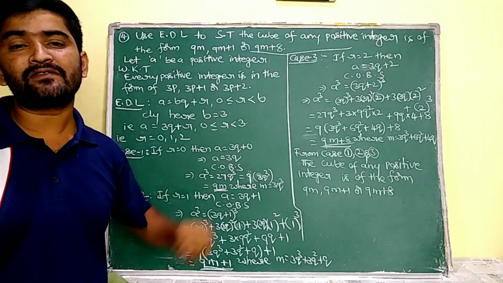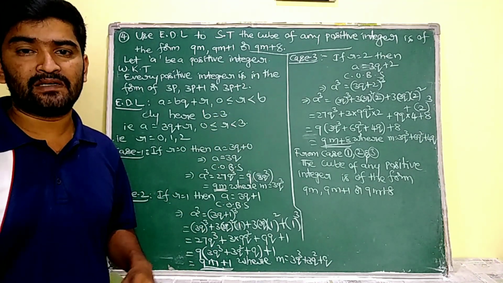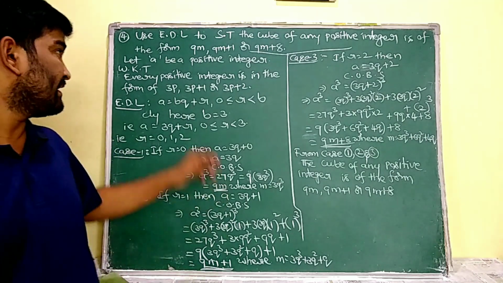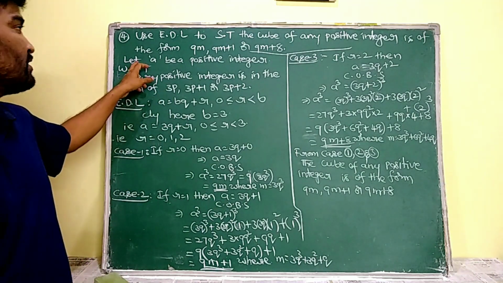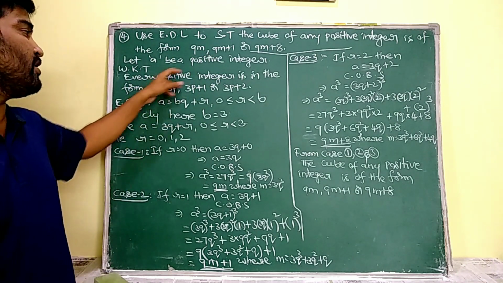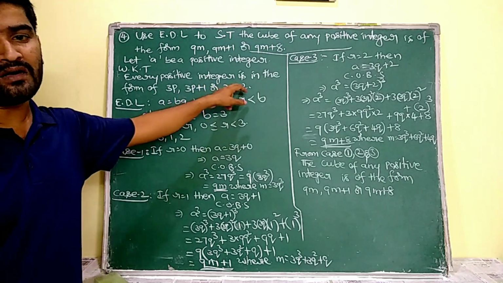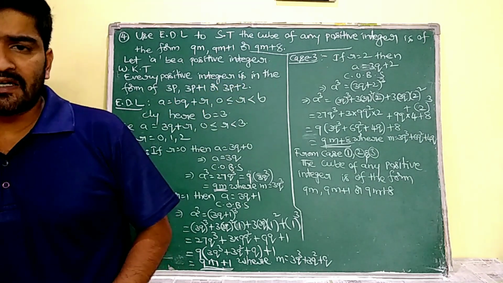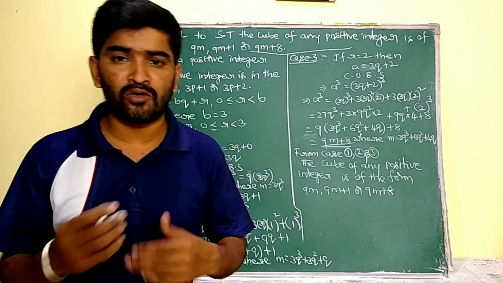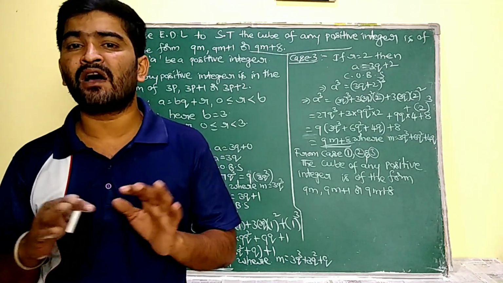That is why I am going to reduce these 9 cases to 3 cases by just writing one point. Listen, firstly we have to assume a to be a positive integer, and we know that every positive integer is in the form of 3p, 3p plus 1 or 3p plus 2. That means whatever the integer you take, that can be expressed as 3p or 3p plus 1 or 3p plus 2.